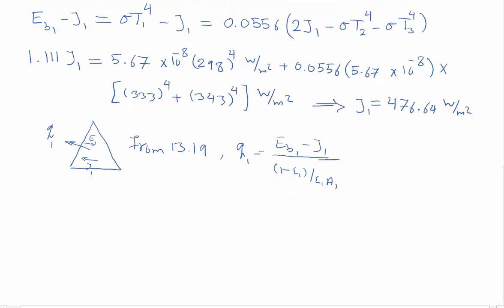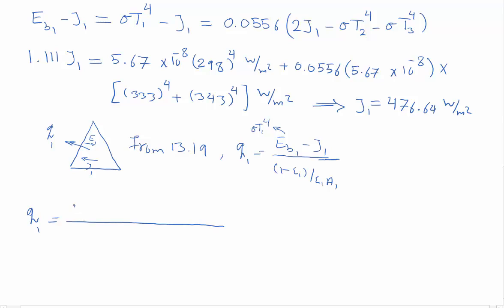So I'm going to plug in the values here. For EB1, since this talks about black body emission, we always have sigma T1 raised to the power of 4. We know surface 1 is not a black body, but EB1 refers to the black body emission at the temperature of the surface.